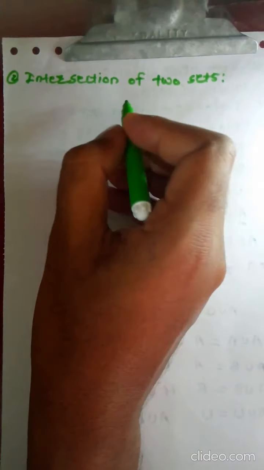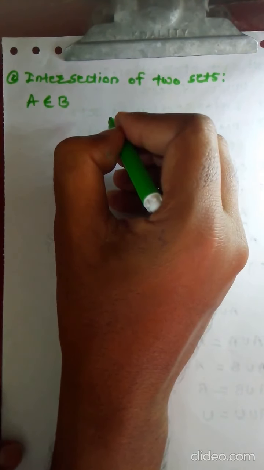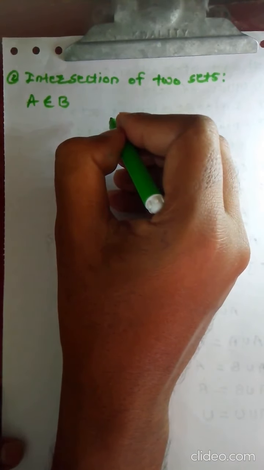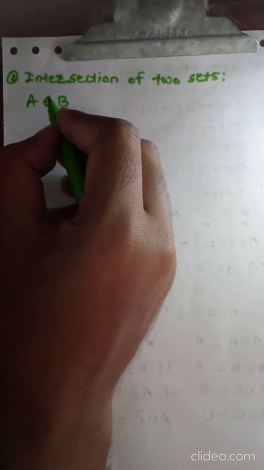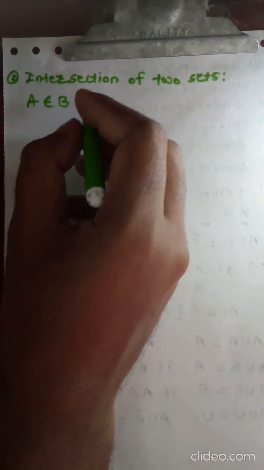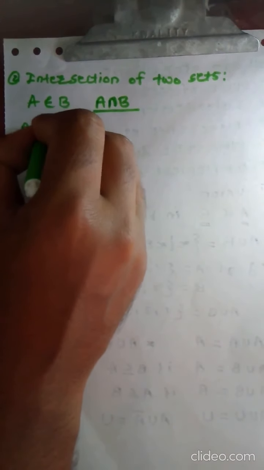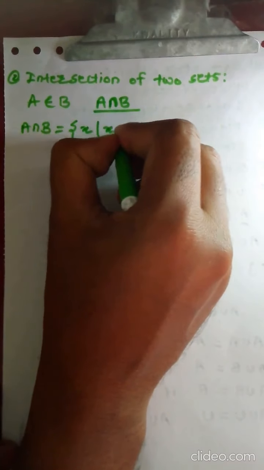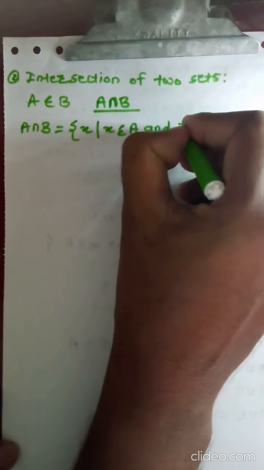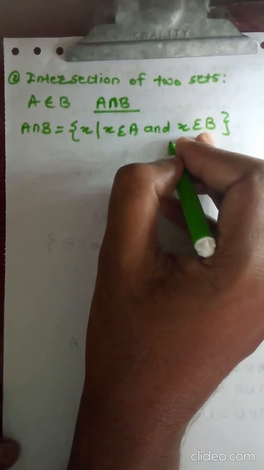The intersection of two sets A and B is the set of all those elements which are present in both sets, that is set A and set B. So we can say that the elements which are common in two sets are considered as the intersection of two sets, and it is denoted by A intersection B. So we can represent intersection by this symbol.